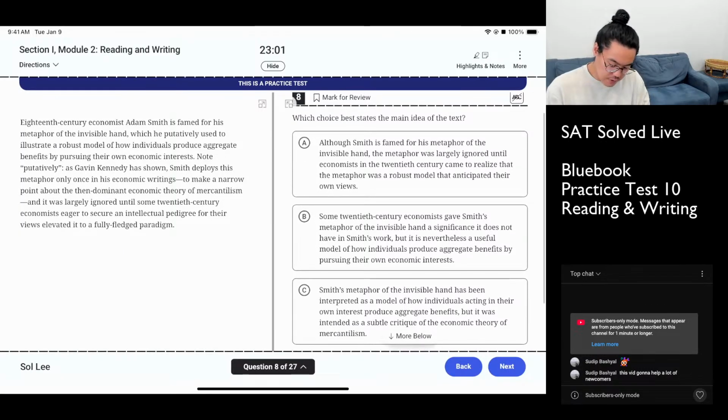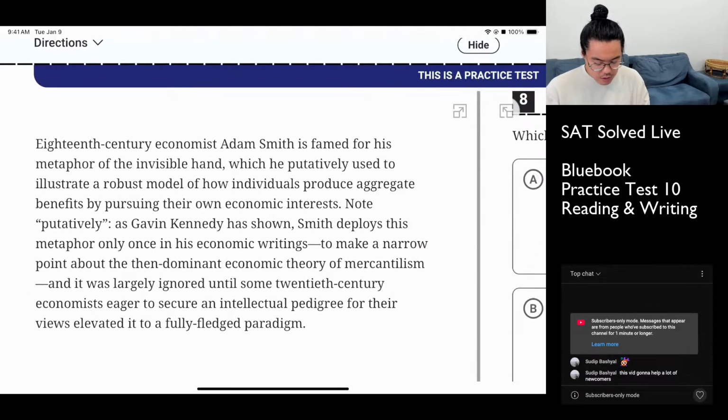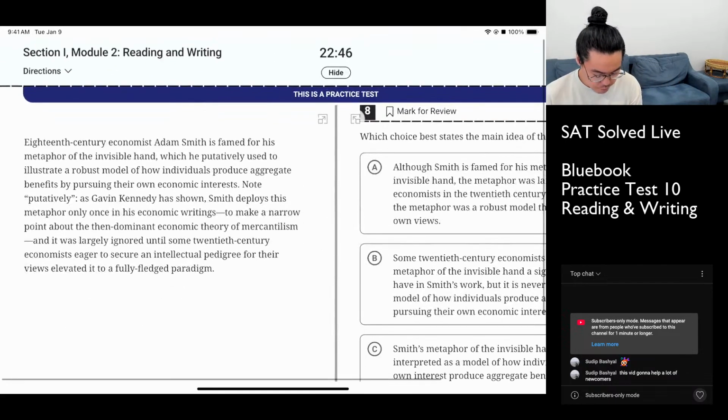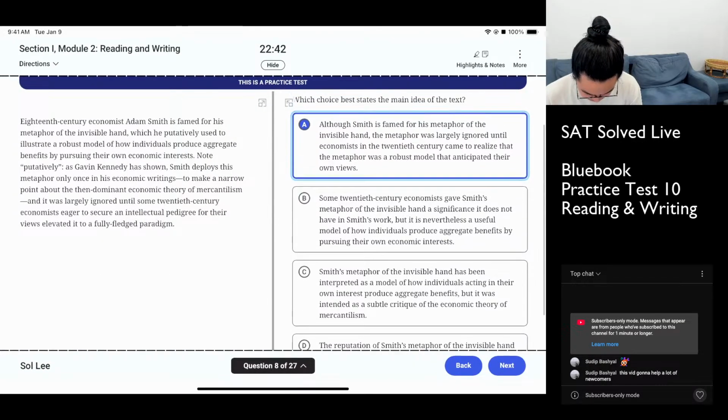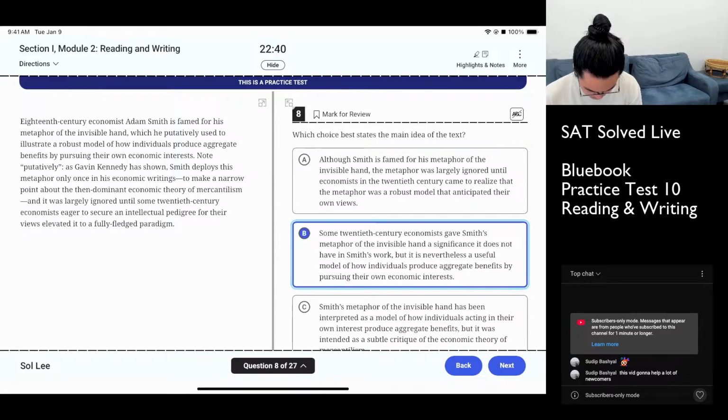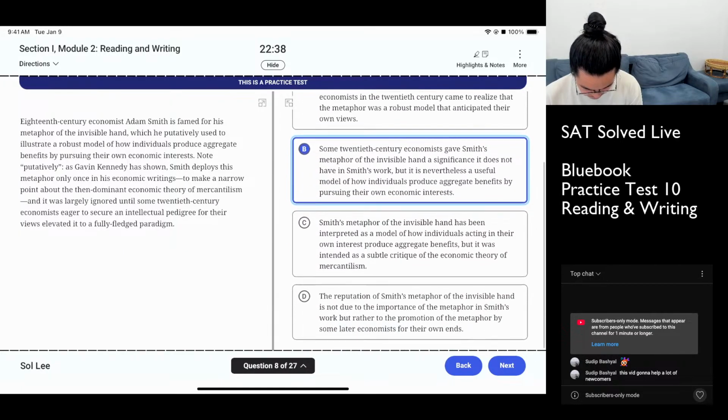The main idea of the text is that Adam Smith's invisible hand metaphor is actually not that big of a deal for him. It actually turned out to be a big deal by 20th century economists. Significance.